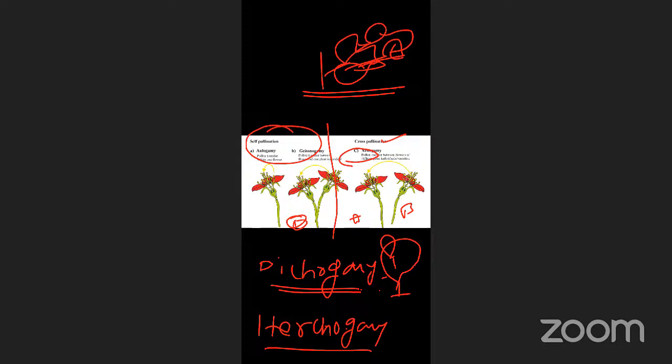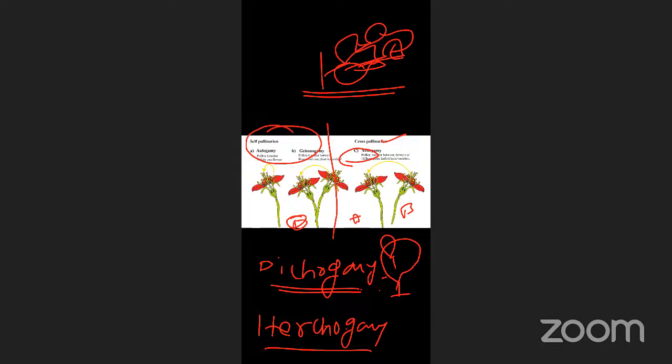So in hercogamy also, self-pollination is prevented. These two, dichogamy and hercogamy, mainly occur in bisexual flowers. The bisexual flower should undergo self-fertilization, but due to some reasons, whether dichogamy or hercogamy, it is prevented.